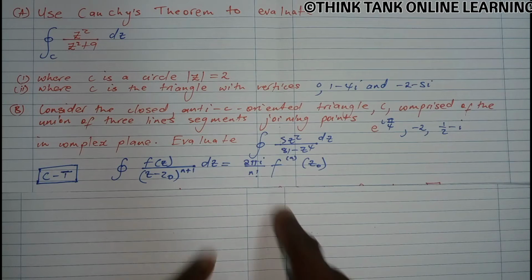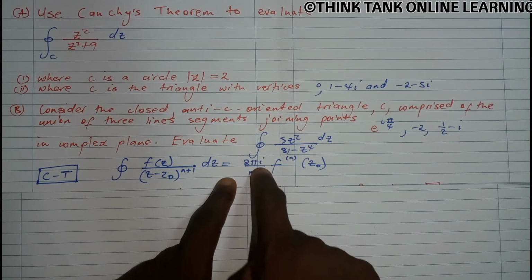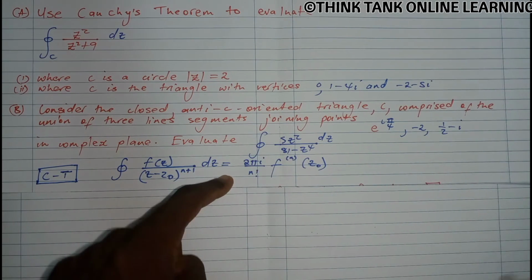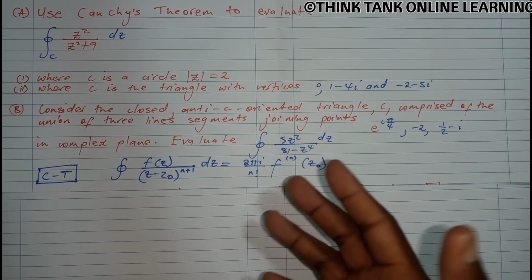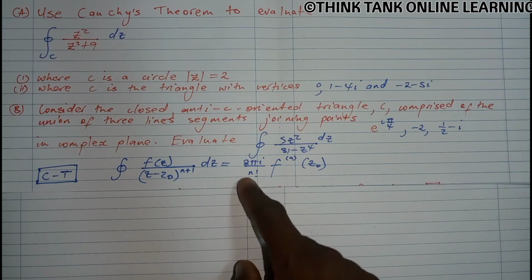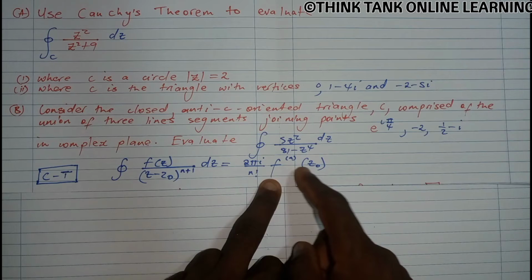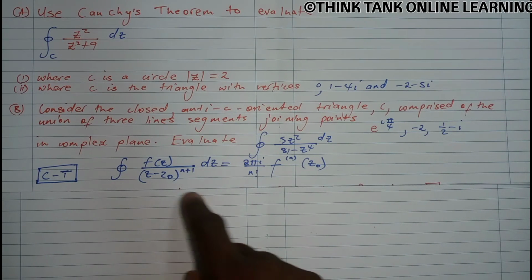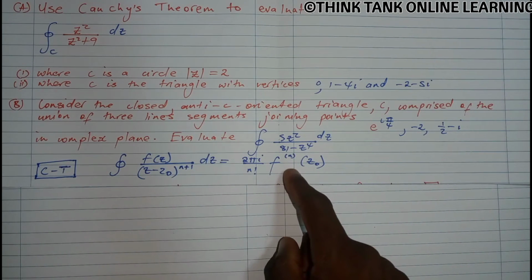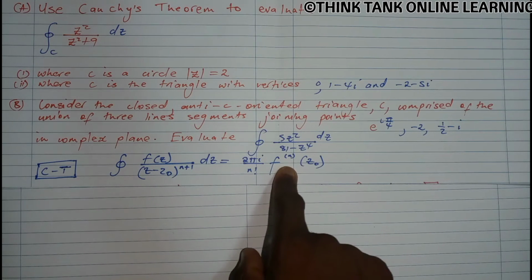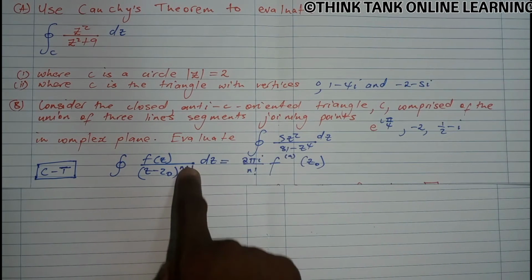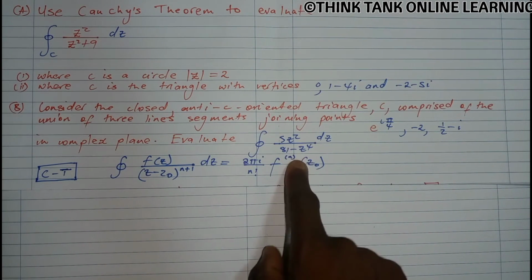We're just going to say 2 pi i (in some textbooks you'll find 2 pi j, it doesn't matter, it just represents that it's imaginary) over n factorial times f to the power n of z naught. If n is 1, we have f prime, which means we differentiate once. If n is 2, we differentiate twice, and so on.